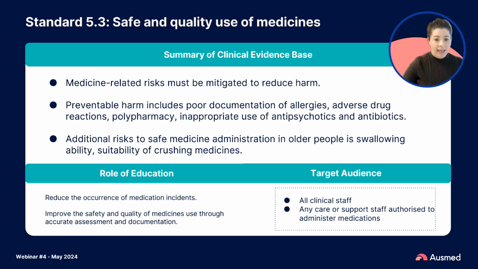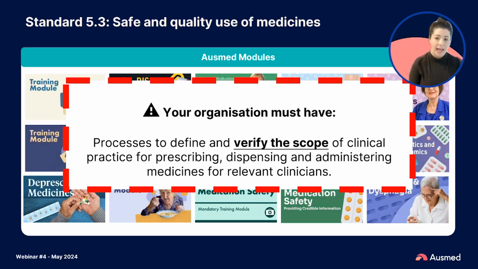I want to highlight a key point here though, and that's medicines education only goes 50% of the way. Very clearly in the audit documentation, the evidence mapping framework is a very clear call to ensure that there are also effective systems and processes within your organisation that support the implementation of good education. Particularly when we're working with our care workforce alongside our RN workforce, there is the need to verify scope of practice.